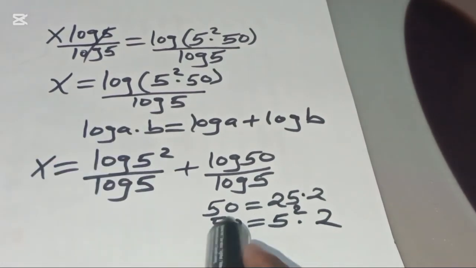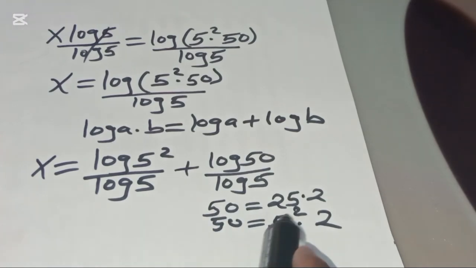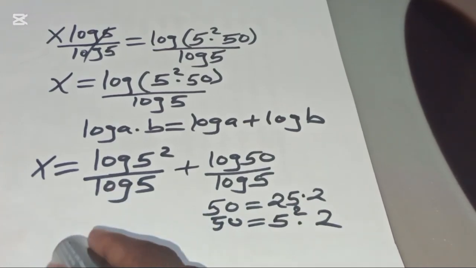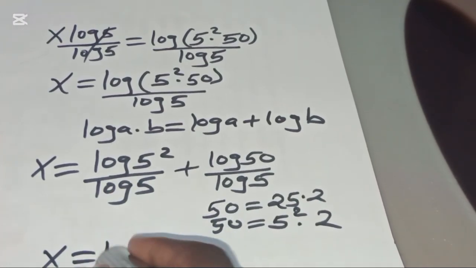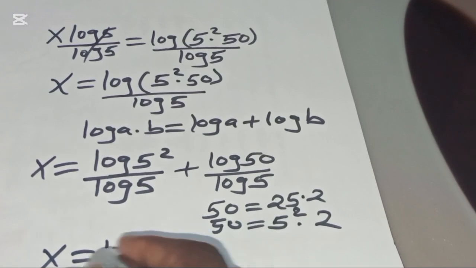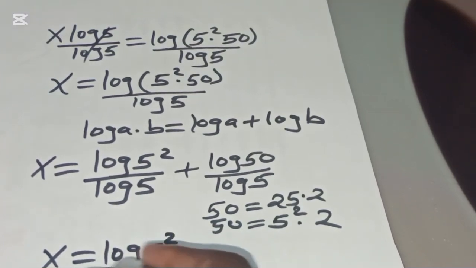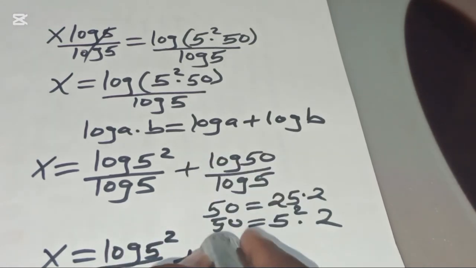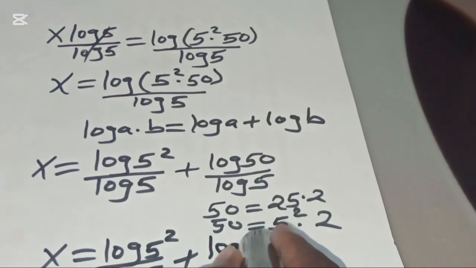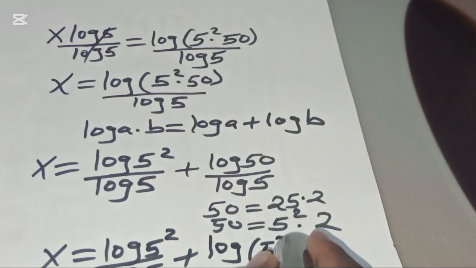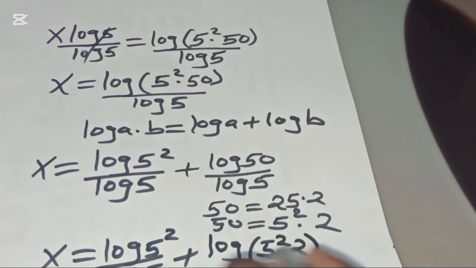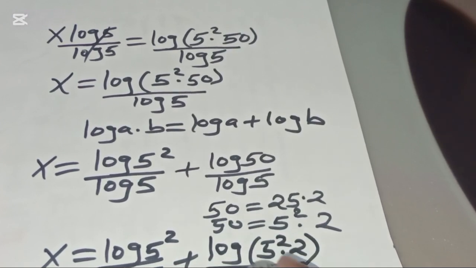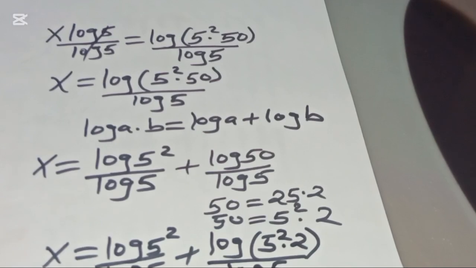So let's substitute where we have 50 with 5 to power 2 multiplied by 2, so that x is equal to the first part, log 5 to power 2 divided by log 5, plus log of 5 to power 2 multiplied by 2, divided by log 5.